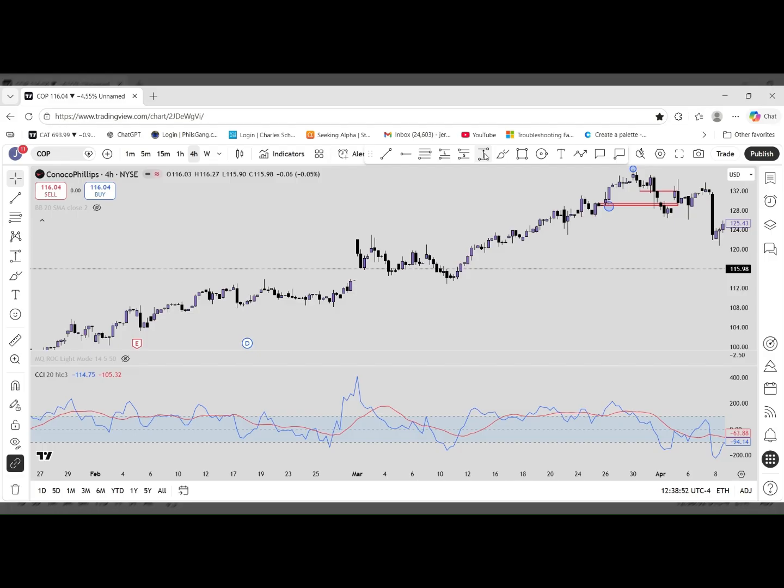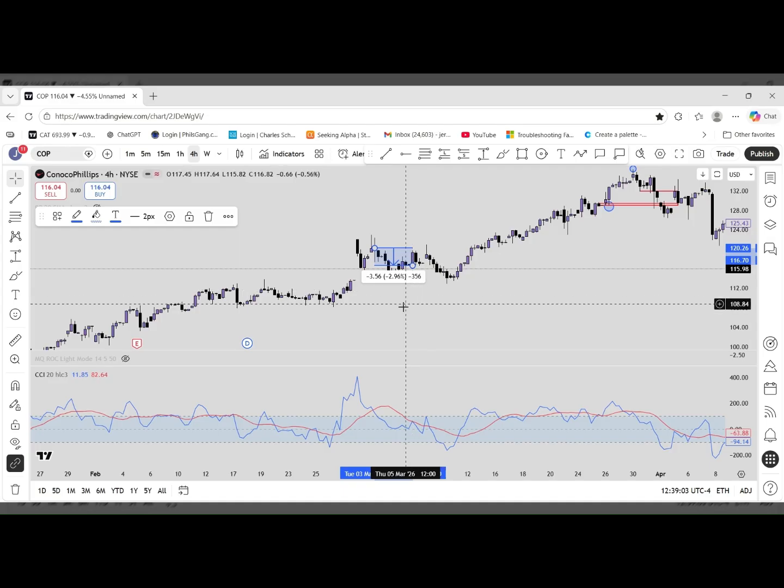Again, let's look at the price action on that. If you bought into your short here and sold there, that's a $3.56 price change if you shorted. So if you held 100 shares, you would have made $356 on one trade.